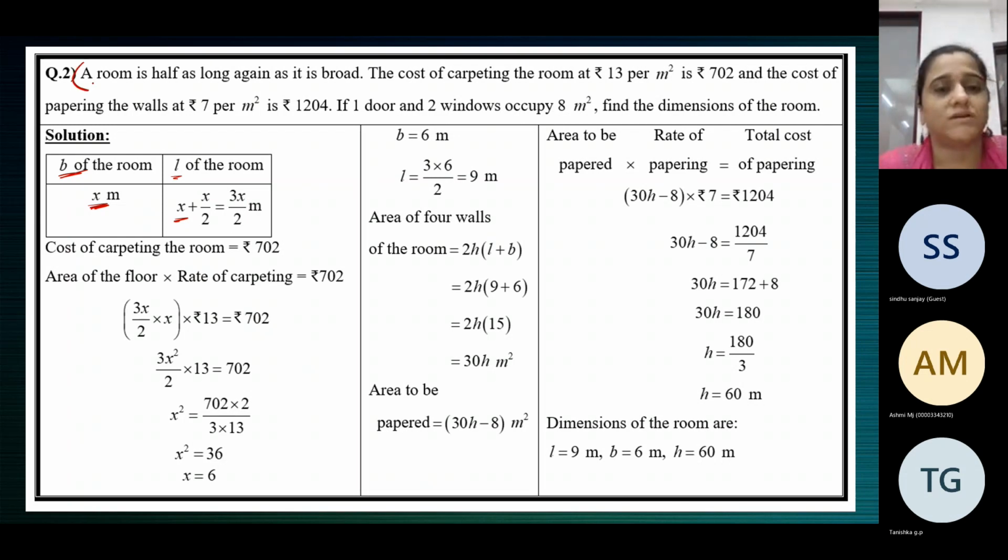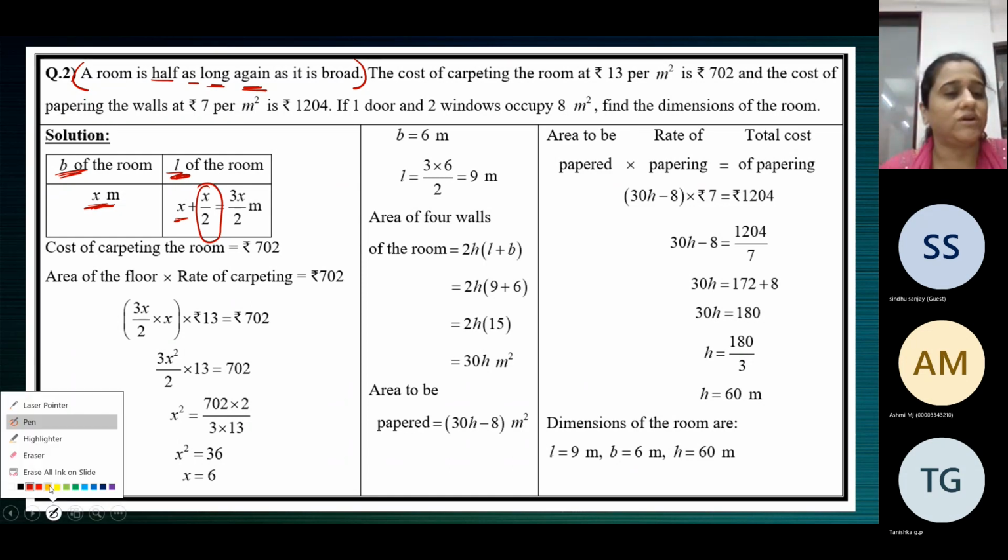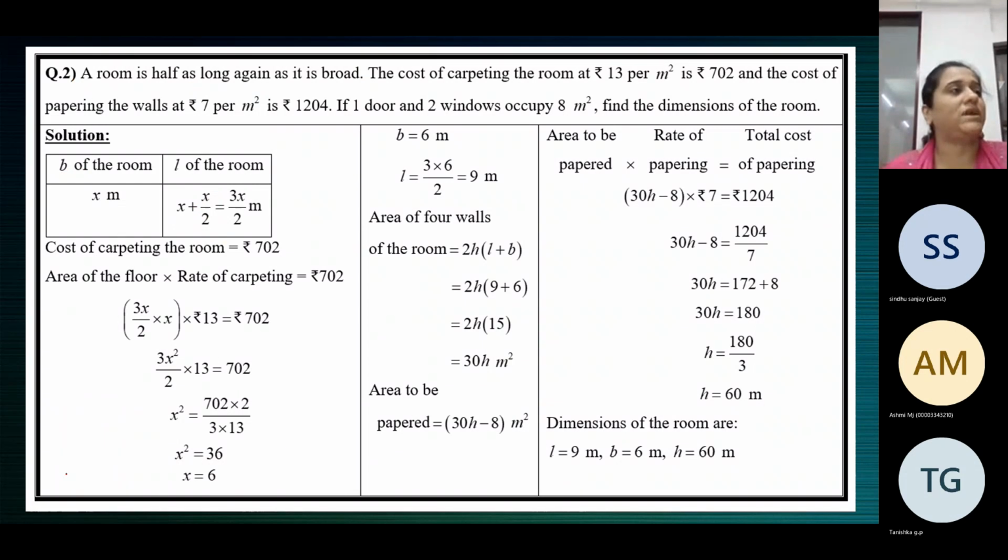So that's about this part. A room is half as long again as it is broad. So if the breadth is x, the length is x by 2 added to x, which is 3x by 2. In other words, the length is 1.5 times the breadth. Okay.